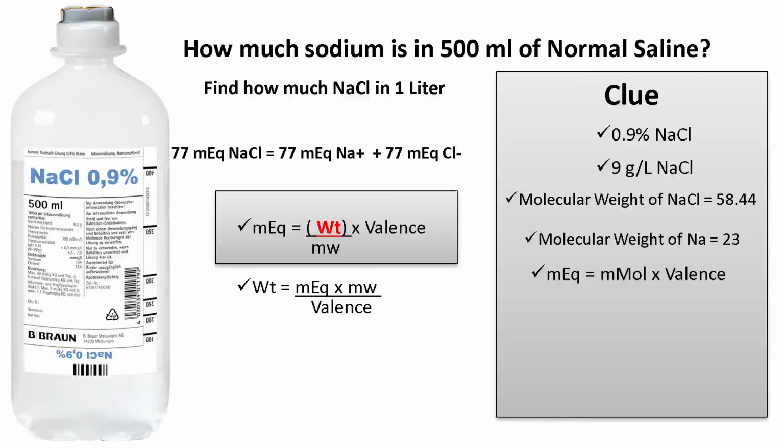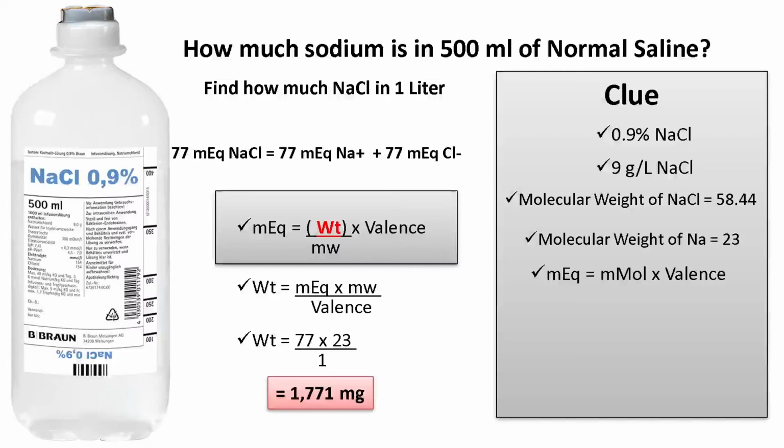So weight is equal to 77 milliequivalent of sodium multiplied by the molecular weight of sodium, which is 23, and divided by the valence 1, and we get a value of 1771 milligrams of sodium present in 500 ml of normal saline.